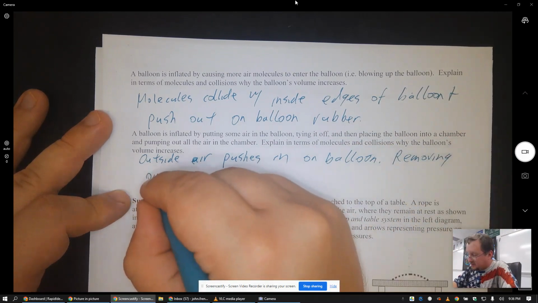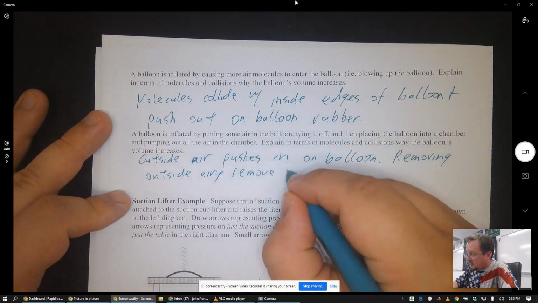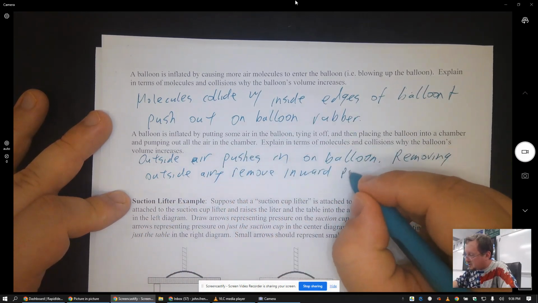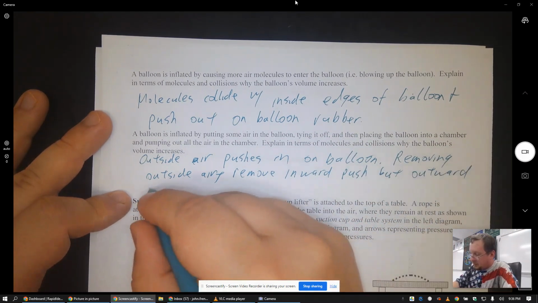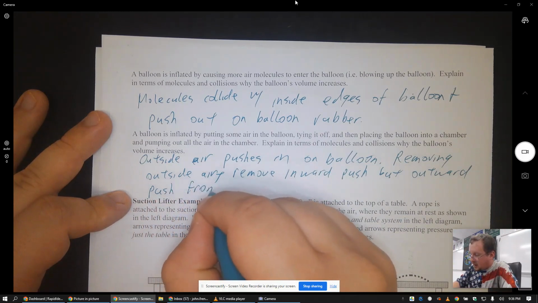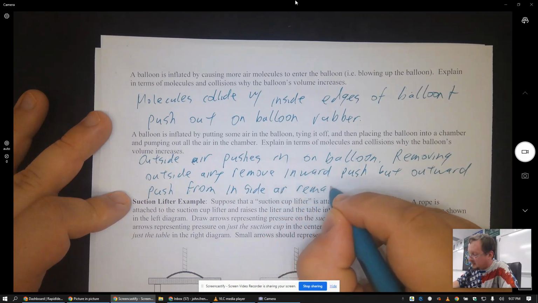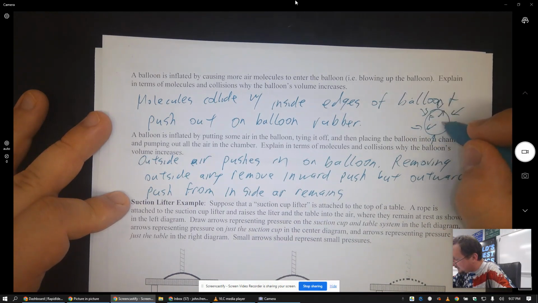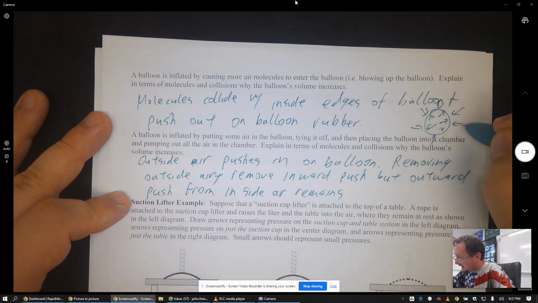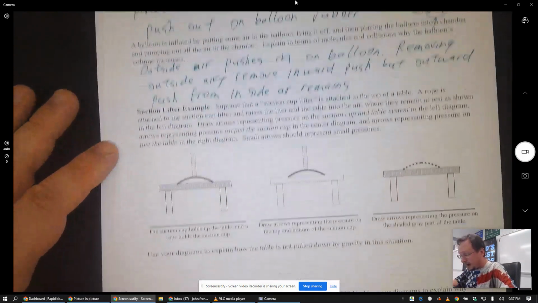Removing the outside air, you remove the inward push, but the outward push from the inside air remains. So if you take away the outside air, the inside air is still pushing out and it will expand the balloon, right?